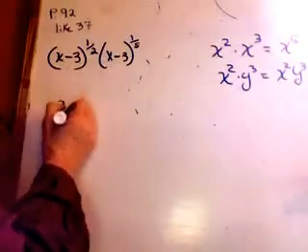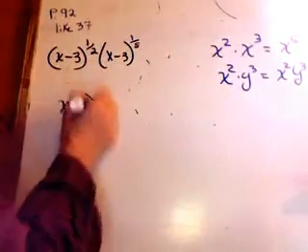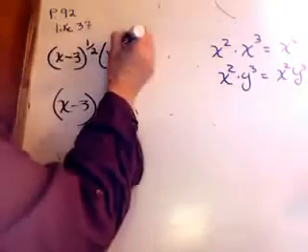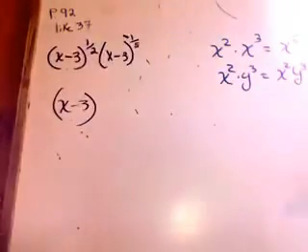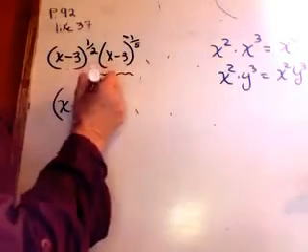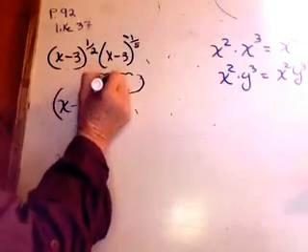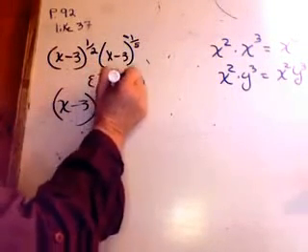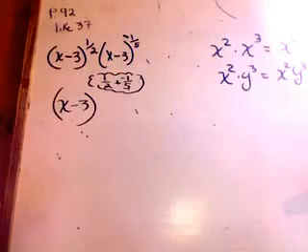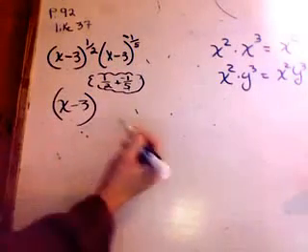So that means my answer is going to be x minus 3 to some exponent, which is the sum of these two. Oh, let's make this a little more difficult. We're going to make that one a negative exponent. So I'm going to put a little think balloon here. I have to do 1/2 plus negative 1/5. Oh boy, how do I do that? Well, common denominators, right?